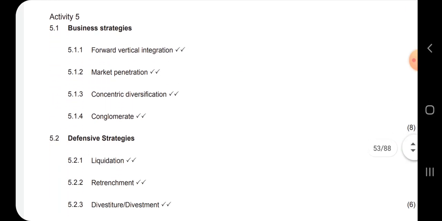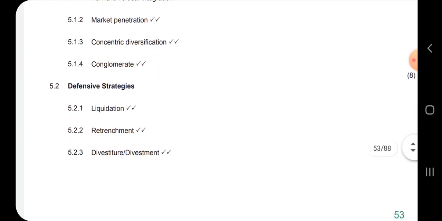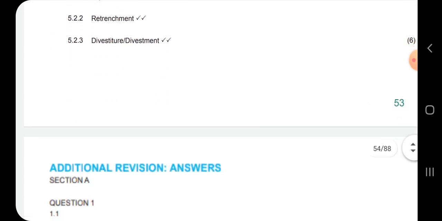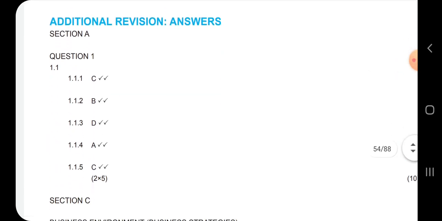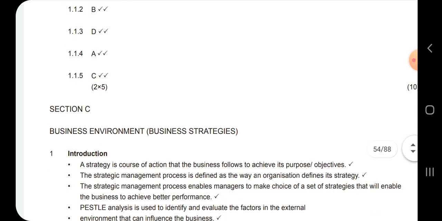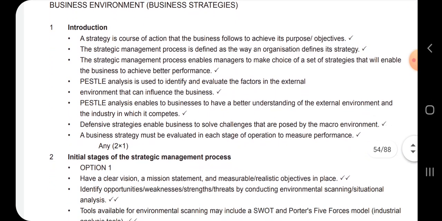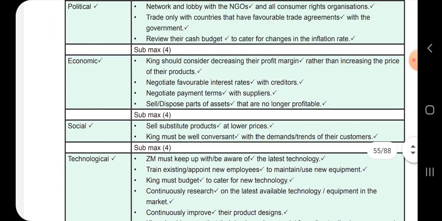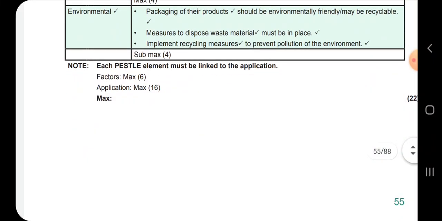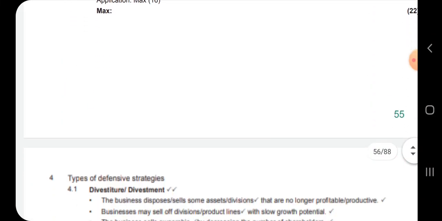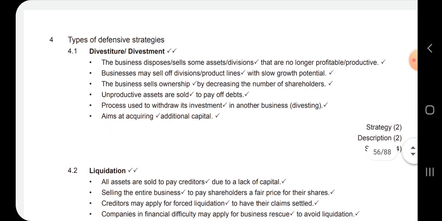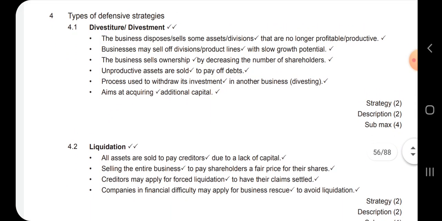Activity 5. And those additional revision answers. Still on the essay type question.